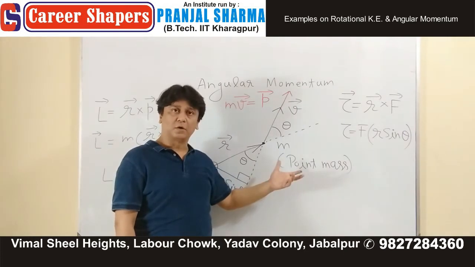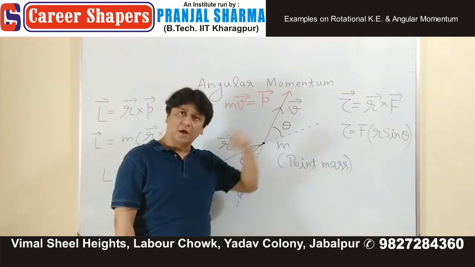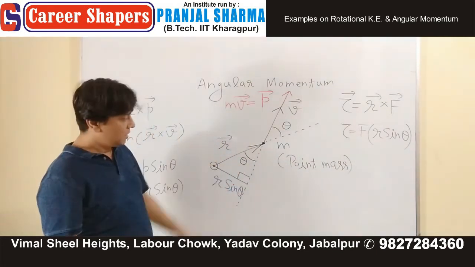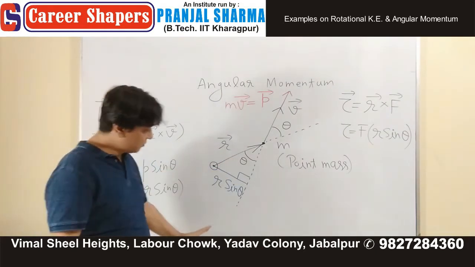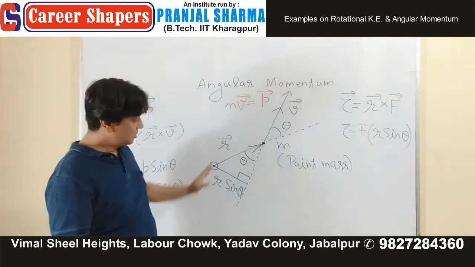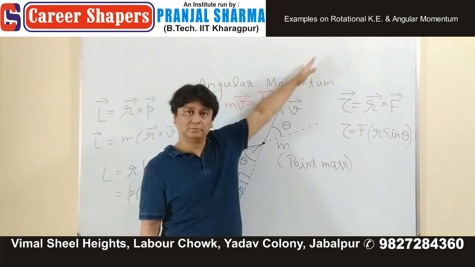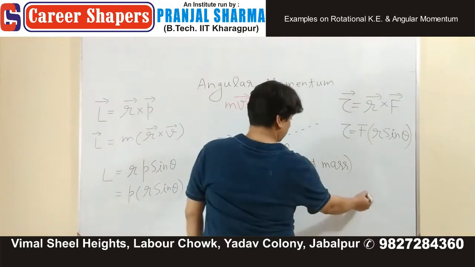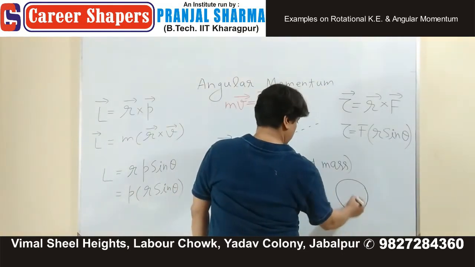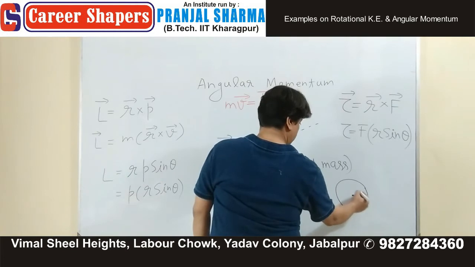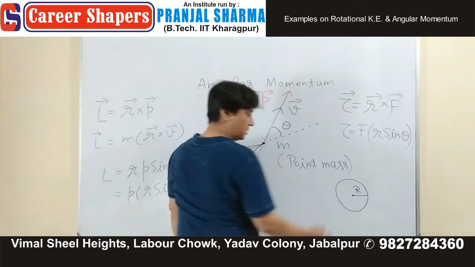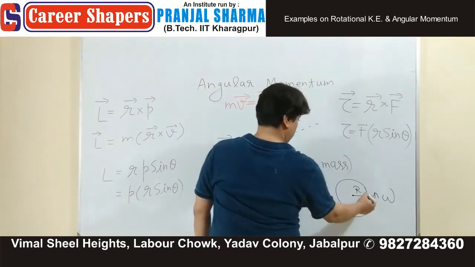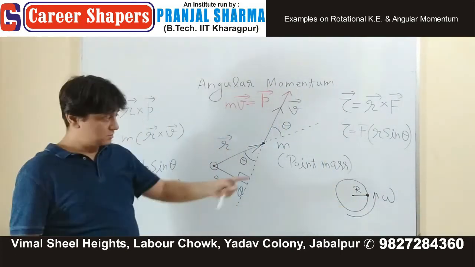When we go for circular motion of a point mass, that is the special case of this thing. In this figure, there is no circular motion. The particle is moving straight. But if you have a circular motion type of thing, at a distance of r, you have an object which is rotating with angular velocity omega, this point mass.